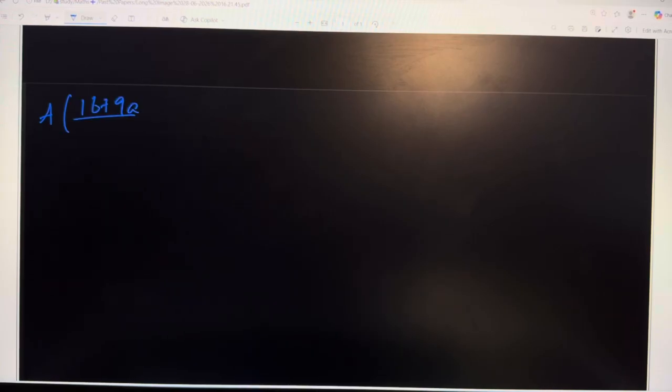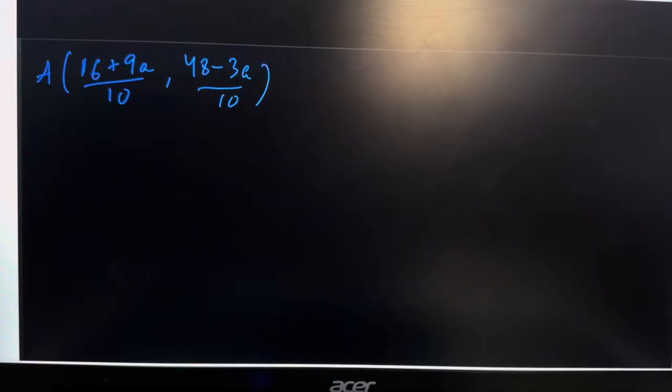Okay, so this is our x coordinate. I wrote down the coordinates of A, and so we want what? Sorry, we want to find a, right?